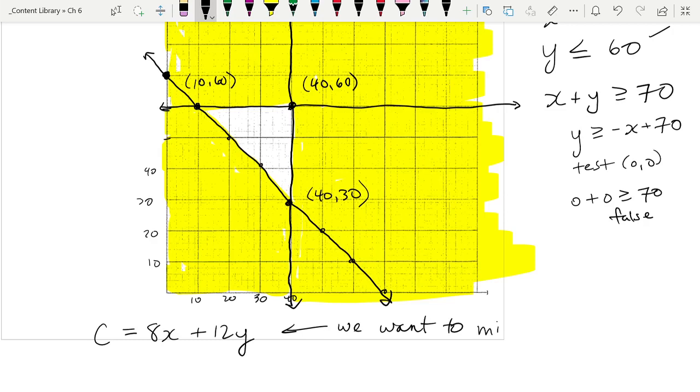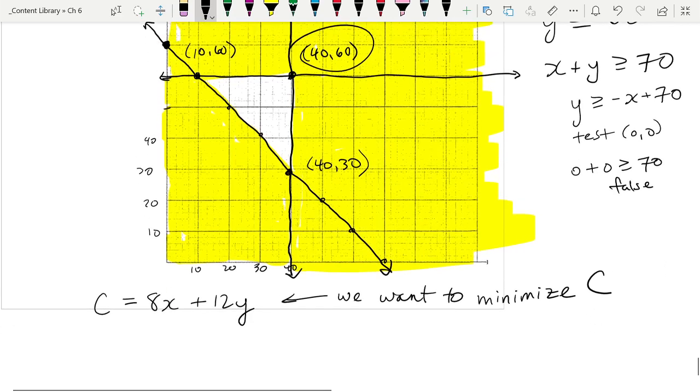We want to minimize this. So which of those dots will be smaller? Well, obviously it can't be this one. It's going to be either the 10, 60 or the 40, 30. So let's try it. Let's try 10, 60.